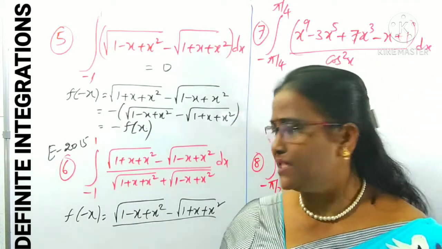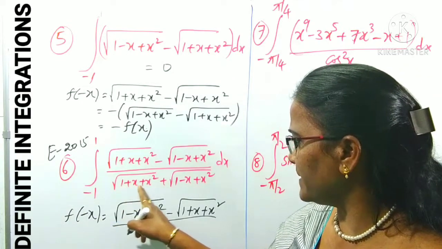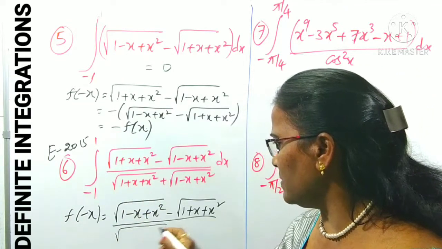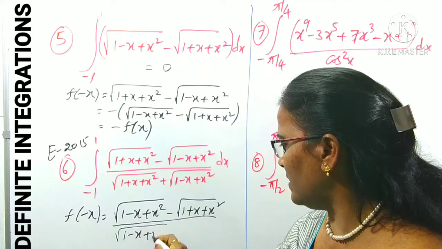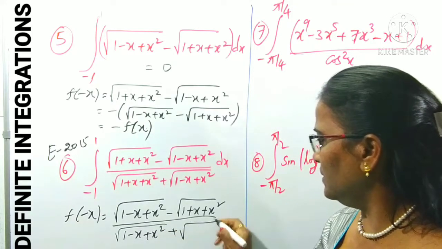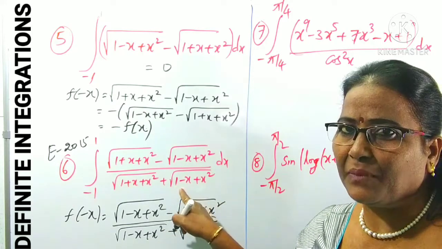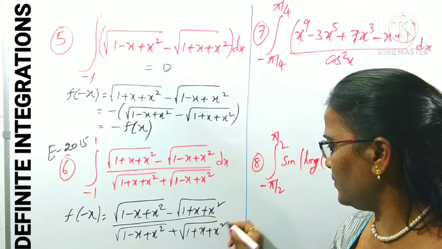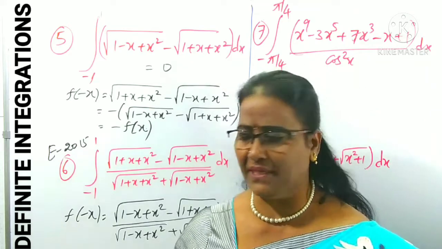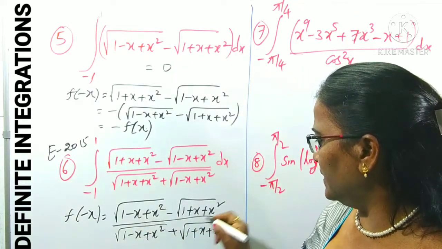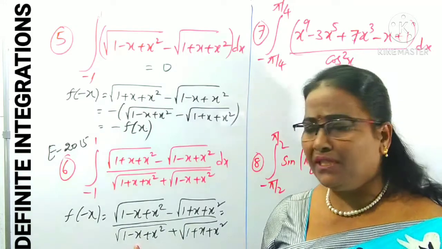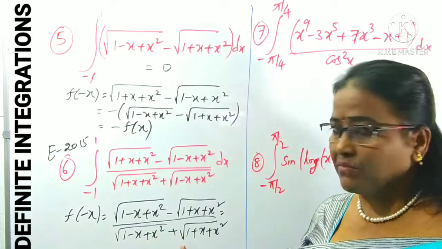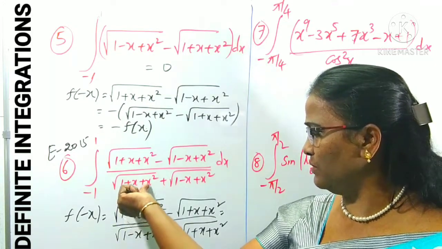Denominator: root over 1 plus x square. That becomes root over 1 minus x plus x square with plus root over, here we are replacing x as minus x, that means 1 plus x square. Under the square, minus also becomes plus. We can observe that clearly. The denominator is in the form of a plus b, which we can write as b plus a, no problem.